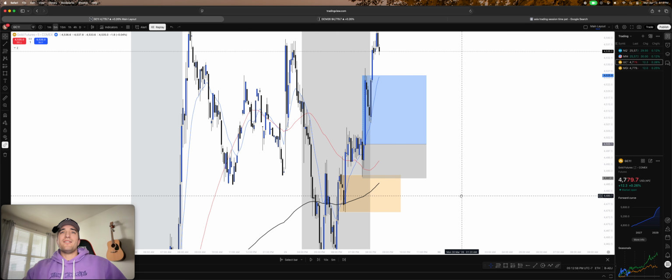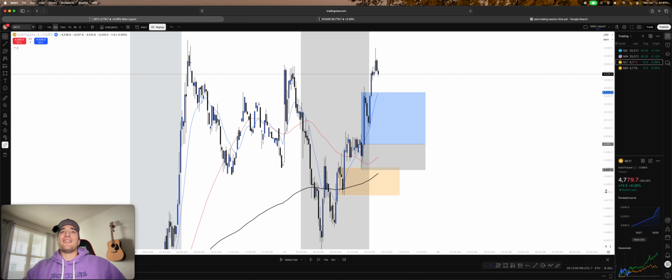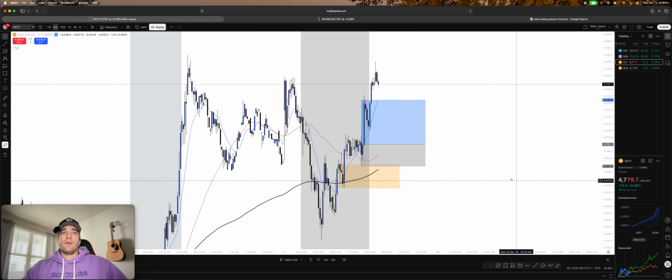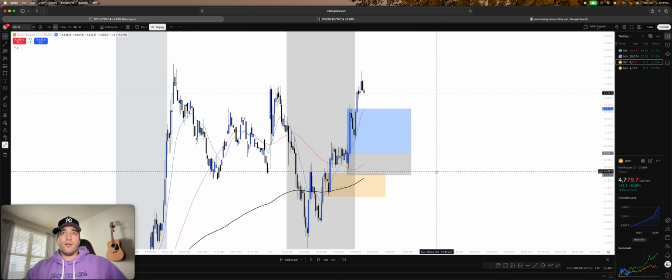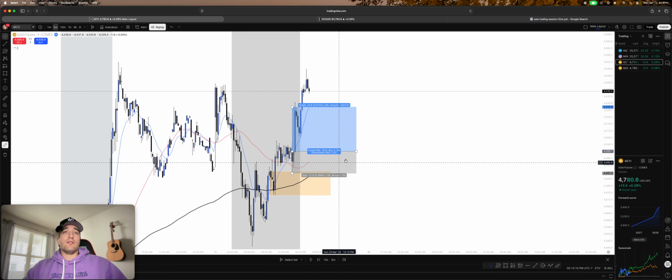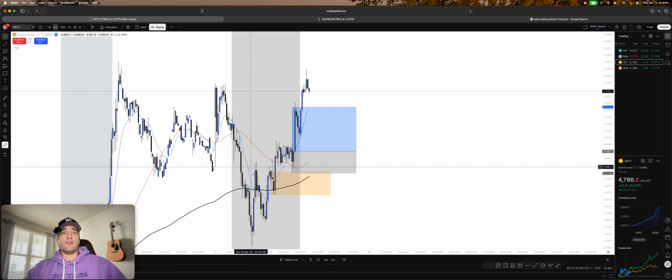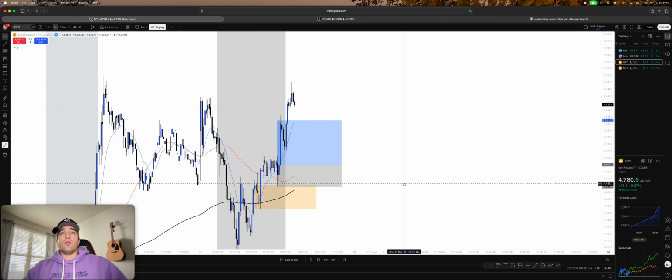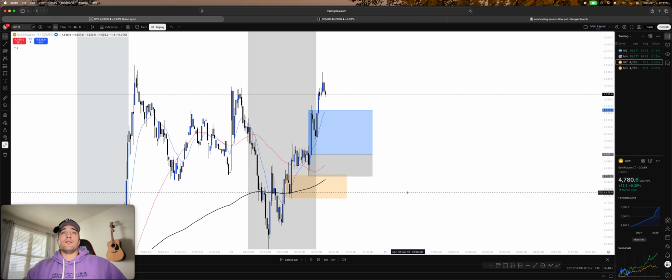Now, as of recently, I've actually been trading a secondary strategy because the supply and demand model I use has not been showing itself very often. What I've been also using is a 13 EMA breakout strategy.